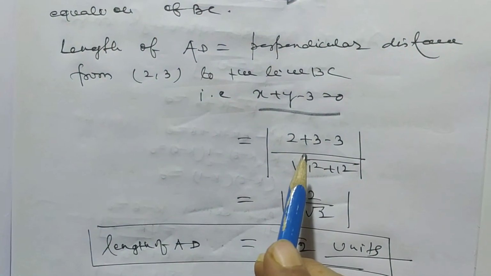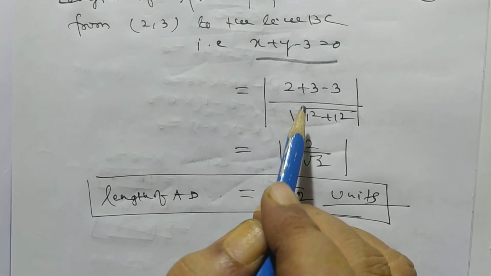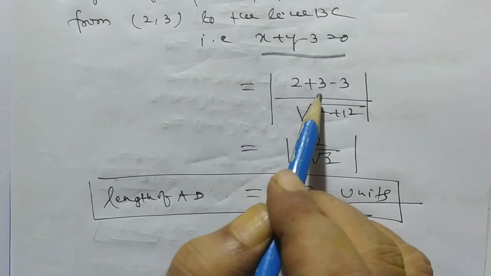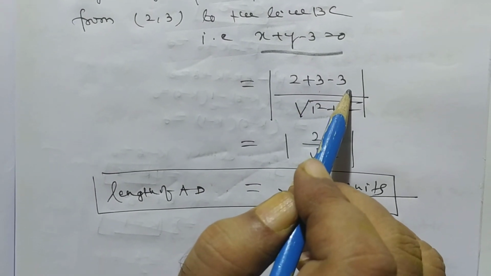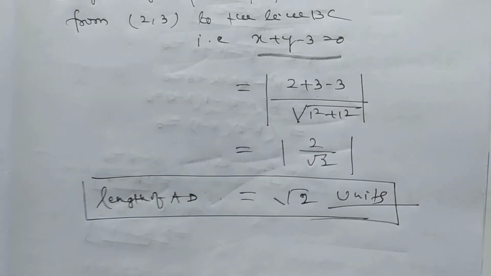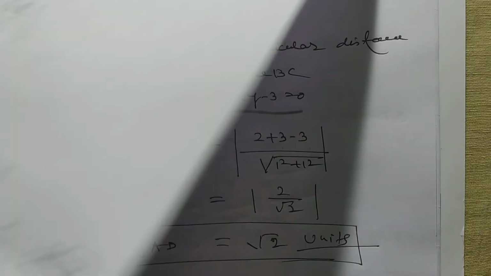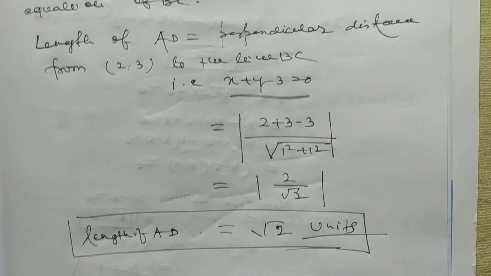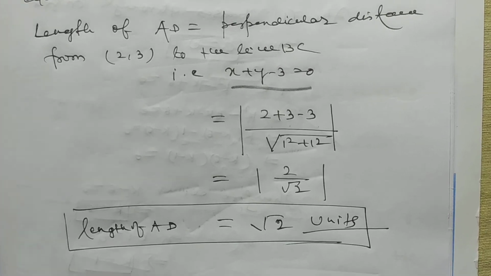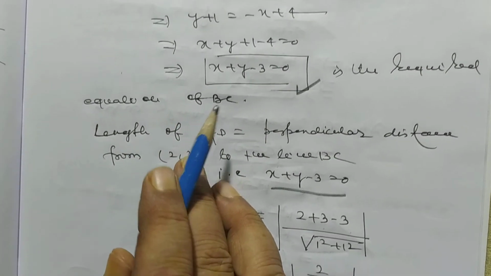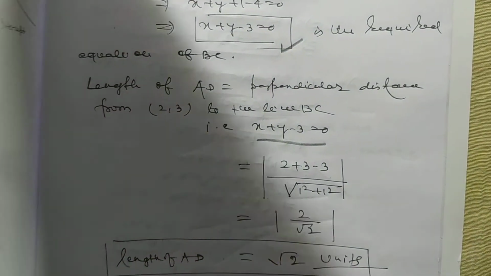So we draw a perpendicular from the external point whose coordinates are given, that is 2 plus 3 minus 3. What is the coordinate of the external point? See here. Students, the coordinate of the external point is 2, 3. See this figure.